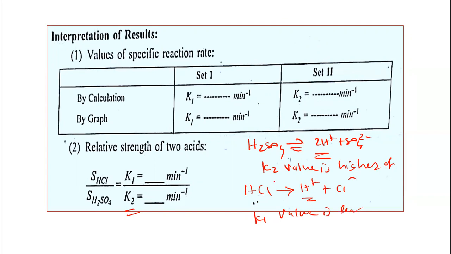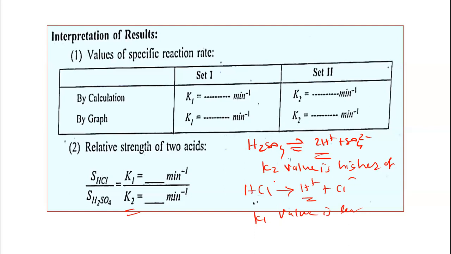So in this way we can perform this experiment by simple titration. The time factor is very important here. At regular intervals of time we have to take the readings. After 5 minutes, all the readings should be written in the observation table, along with the T infinity values.